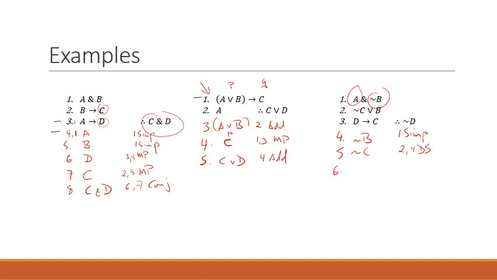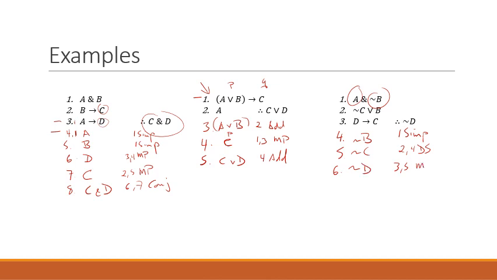Having not C is good because I'm going to be able to use that with line 3 to do the modus tollens rule. The modus tollens rule says that if you have a conditional, which is line 3, and you have the negation of the consequent of that conditional, which is line 5, then you can get the negation of the antecedent.